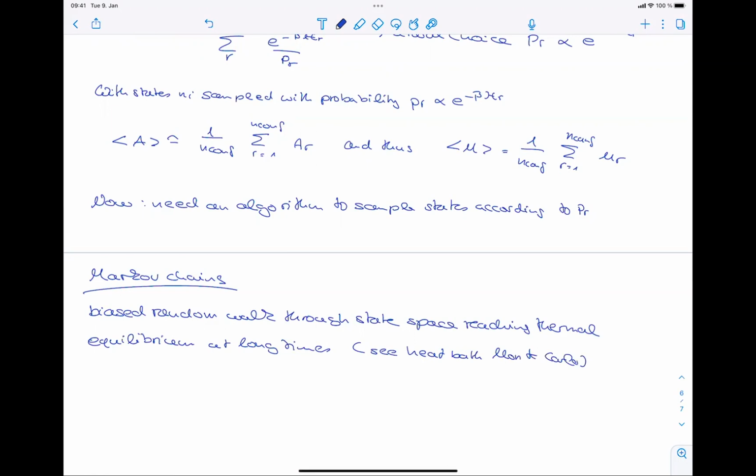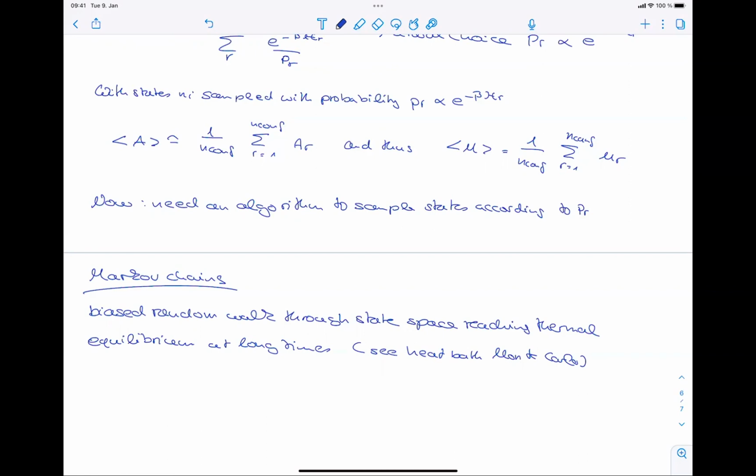If I just keep thermalizing individual spins one after the other, eventually I will reach the thermalized states at long times. I know that I will. The heat bath Monte Carlo, in a sense, is not efficient, but it will give me results eventually. And that's the idea behind the Markov chains as well.